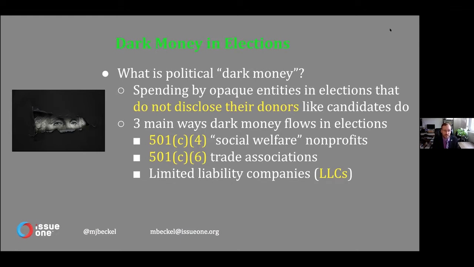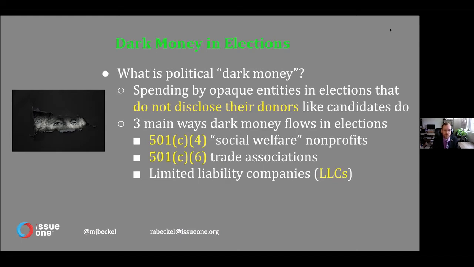We've seen a proliferation of spending by 501(c)(4) social welfare organizations, groups that register with the IRS under that section of the tax code. We've also seen some major dark money spending by groups that are registered under section 501(c)(6) of the tax code, the designation that most trade associations use.